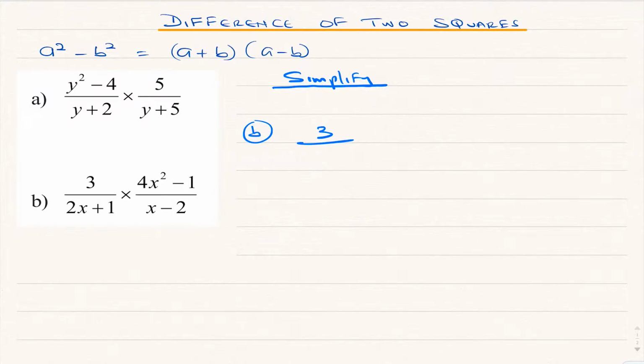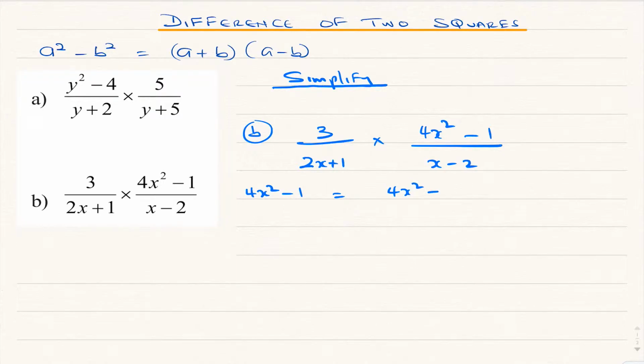3 over 2x plus 1 times 4x squared minus 1 over x minus 2. Well, 4x squared minus 1 is the difference of two squares. 1 times 1 is 1, so 1 is 1 squared.